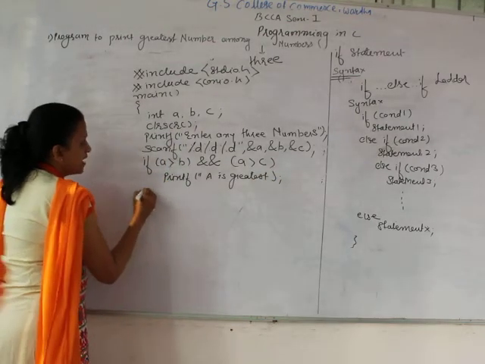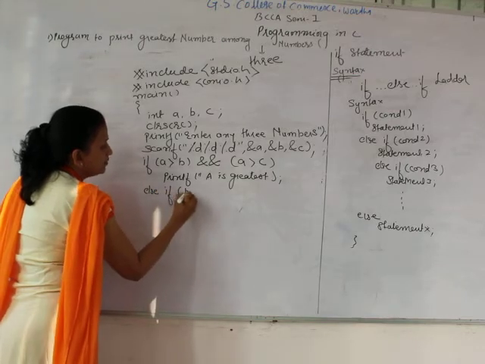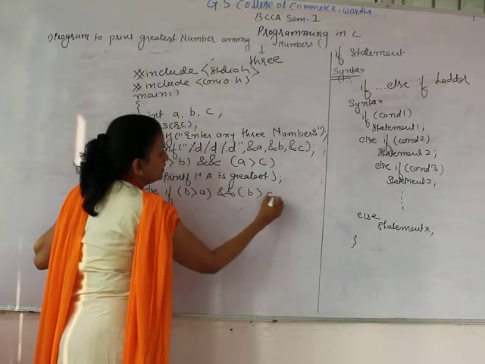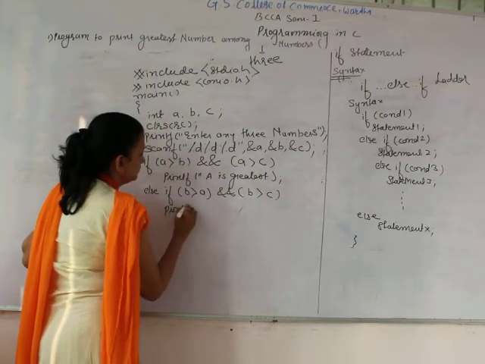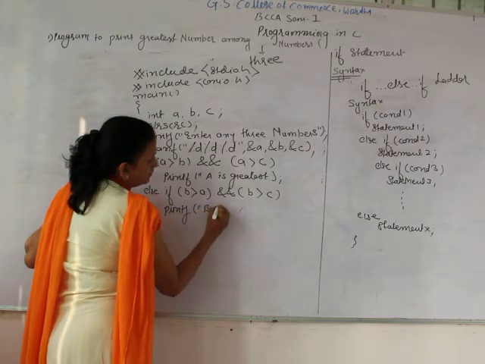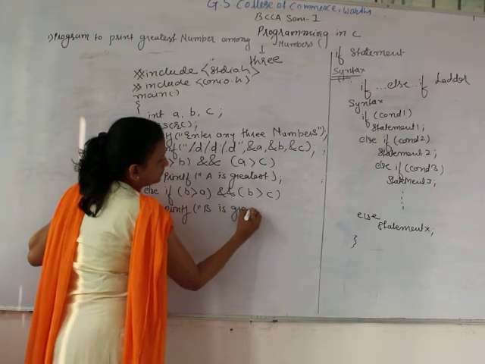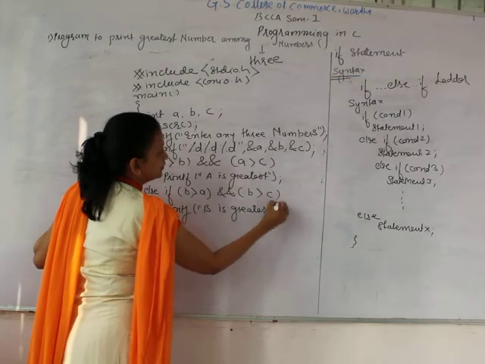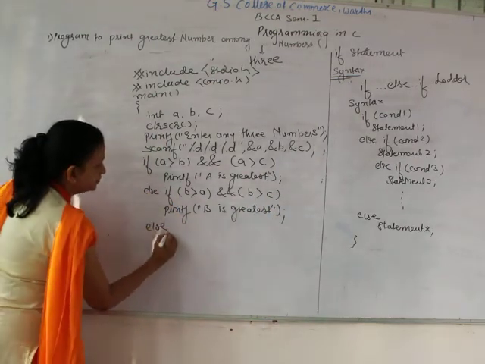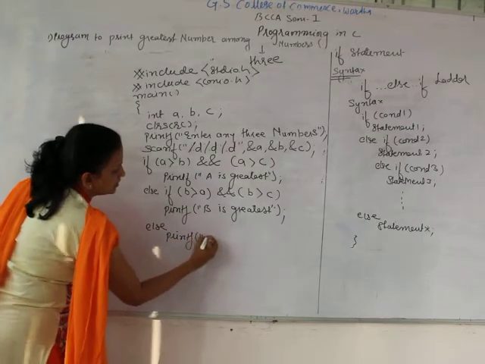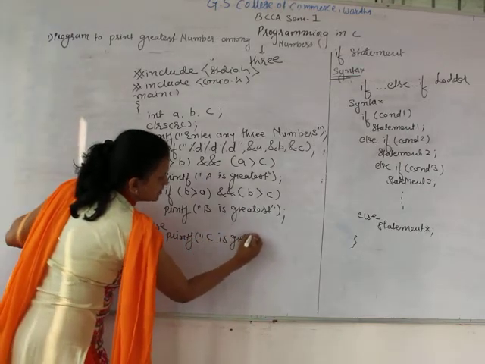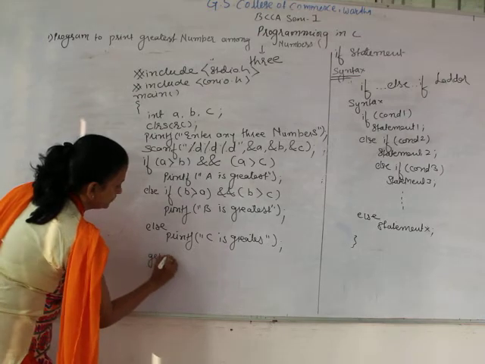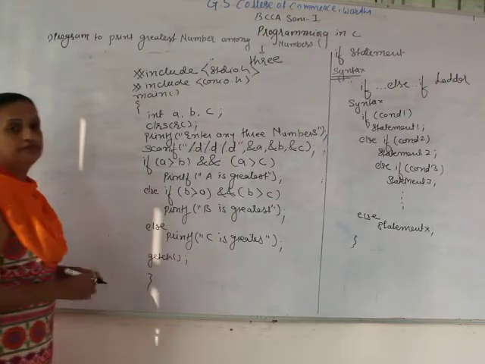Else if B is greater than A and B is greater than C, then printf "B is greatest". Else printf "C is greatest". And the program will end over here.